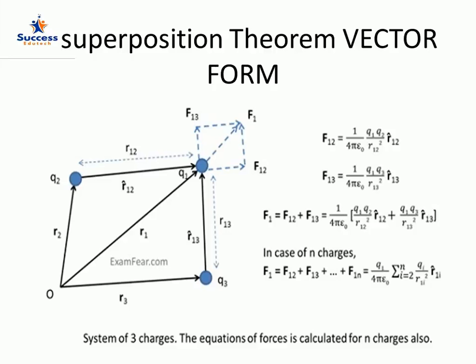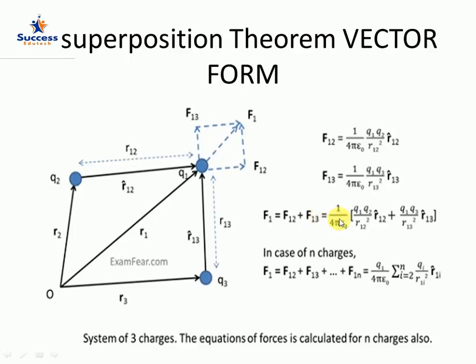Now the force from particle q3 on q1 can be calculated as F13 equal to 1 upon 4 pi epsilon 0, that is k q1 q3 upon r13 square. So the total force on q1 will be F12 plus F13.